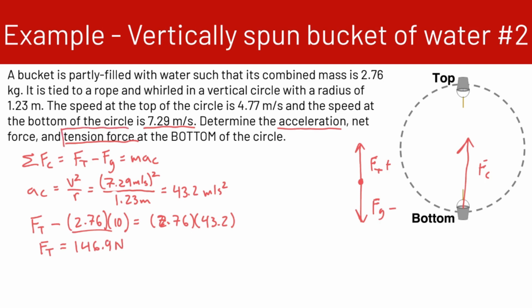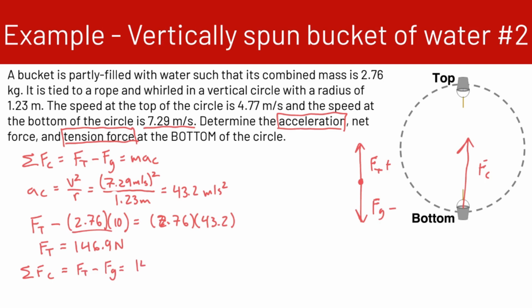Okay, so we've solved for our tension force. Now we've got acceleration and tension, so we need to do our sum of forces. Our sum of forces is equal to our tension force minus our gravitational force.